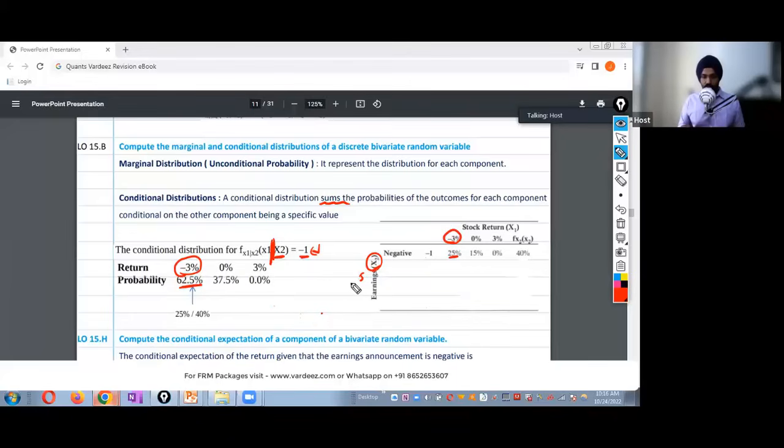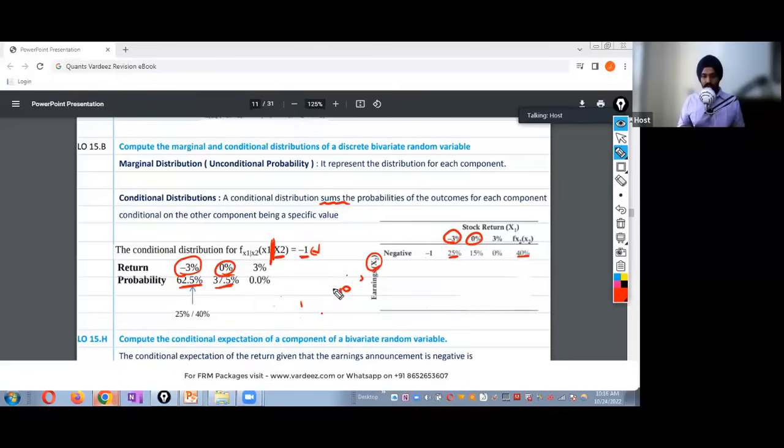Similarly, for the next 0% return, I will use the joint probability divided by marginal probability. That is 15% divided by the marginal, which is 40, and then you get 37.5 for 0.